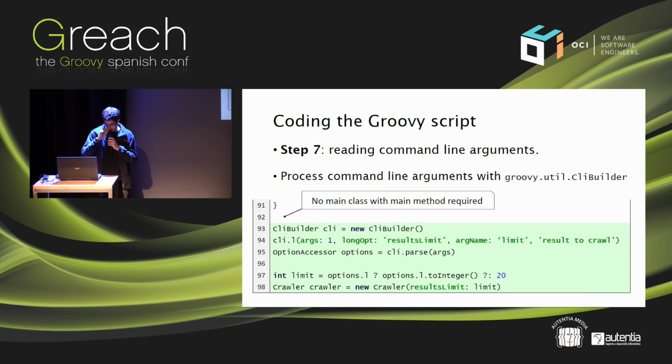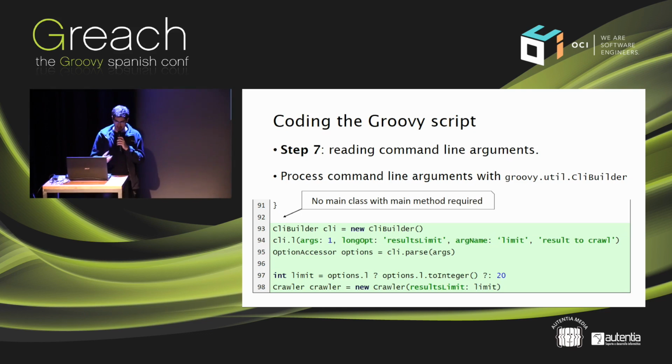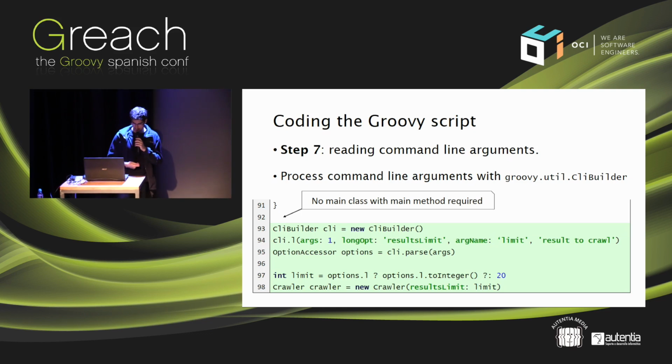Another interesting thing in Groovy scripts is to read command line arguments. There's a library called the Groovy util CliBuilder, which allows us to define the different options and arguments that our script could receive, and it's very easy to do with this utility.